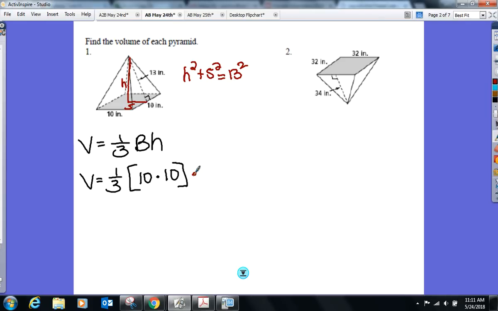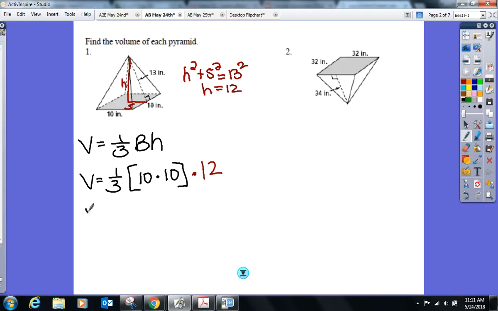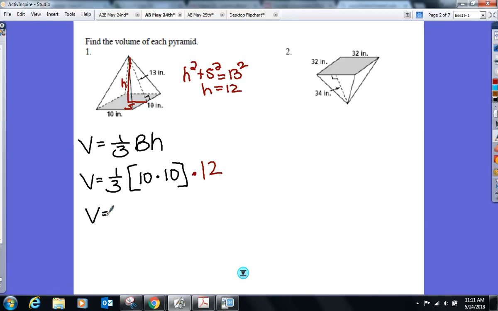And the height should end up being H is 12. All right. And then we calculate away. So again, don't get confused with volume. I'm not using the slant height. I'm using the actual Mission Impossible height. 400 cubic inches.